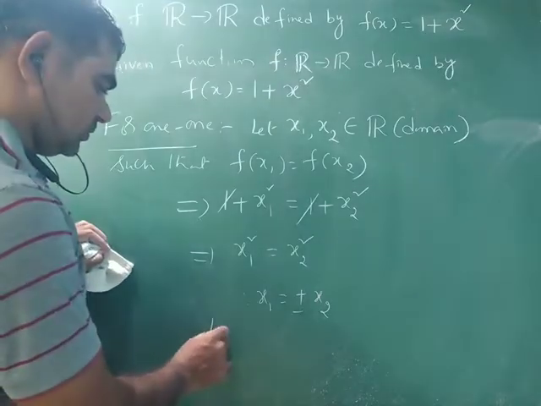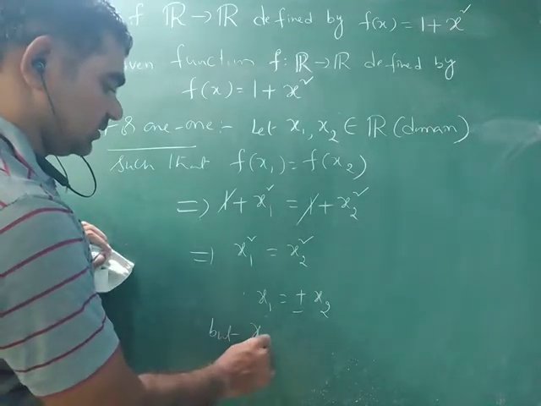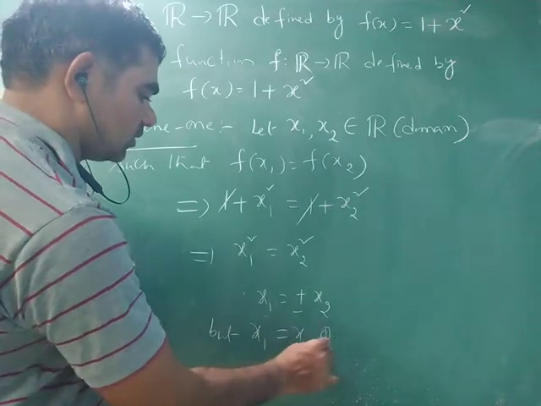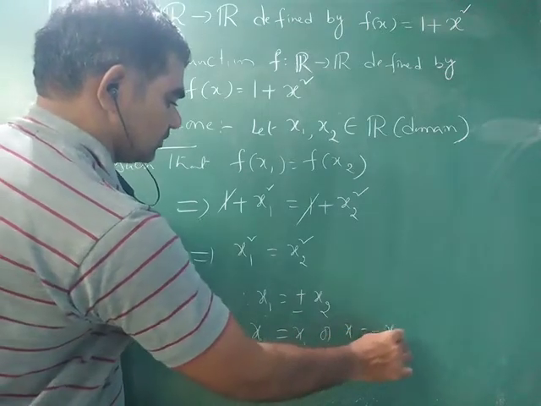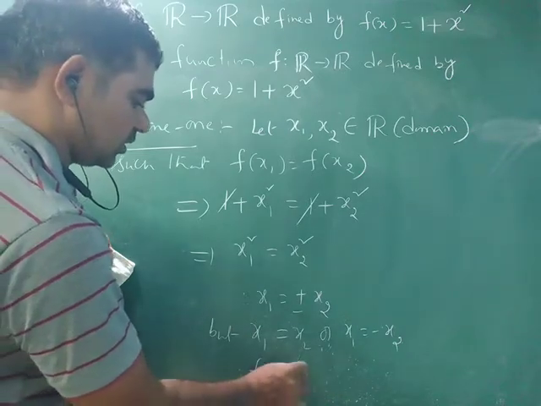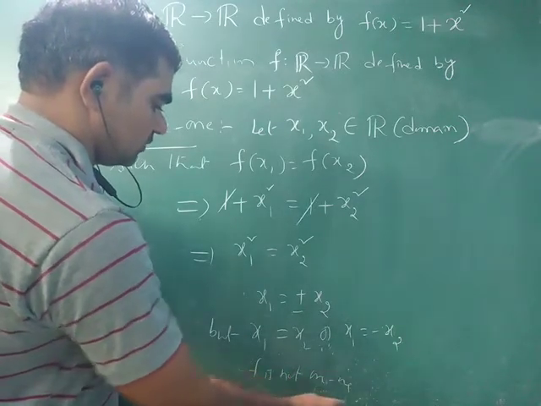But we should not get it like that. We should get x1 equal to x2. Here x1 equals x2 or x1 equals minus x2, different values are coming. Therefore, f is not 1 1.